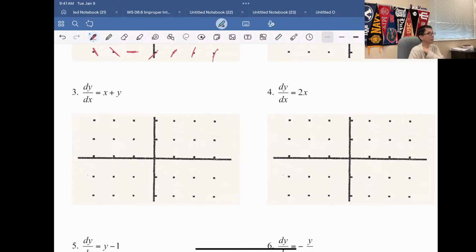Raise your hand if you know. Only one person knows? Only Ember? Oh, Ava. Okay, 0, 0. That's a good start. Is it possible for me to give you another point? What other point? -1 and 1.